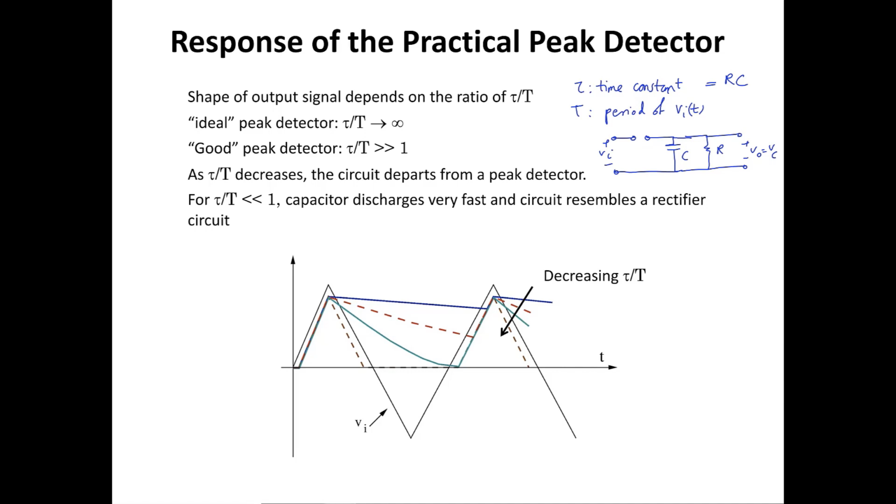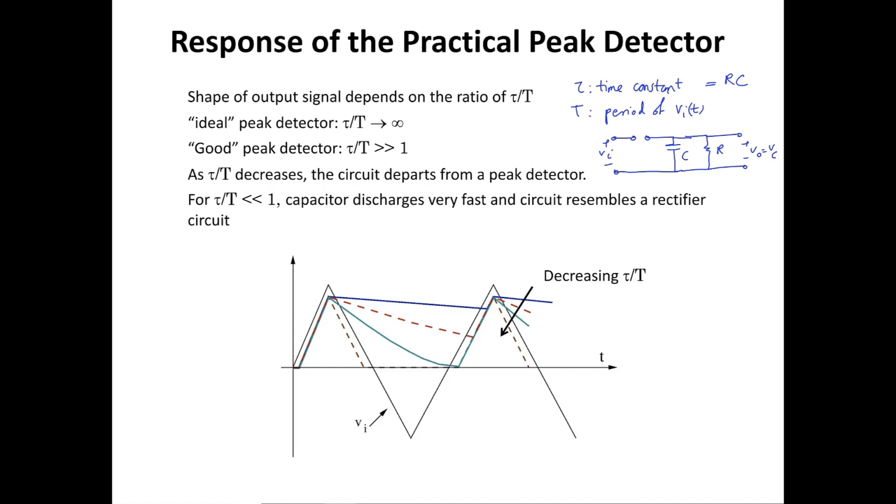In practical cases, there is always a resistive path for the capacitor to discharge when the diode is off. But in a good peak detector circuit, the ratio of the time constant to the period of the input signal is much greater than 1, and if it is much greater than 1, then the capacitor cannot discharge a lot before the next peak of the input signal arrives.